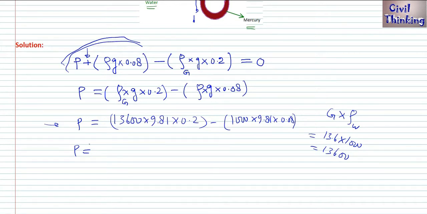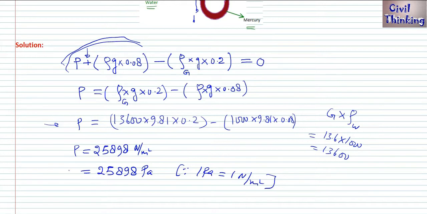Okay, I find the pressure to be 25898 Newton per meter square, which is equal to 25898 Pascal, right? Because 1 Pascal is equal to 1 Newton per meter square. Okay, all right, so this is the pressure in the pipe.